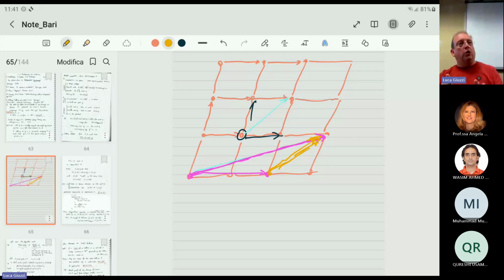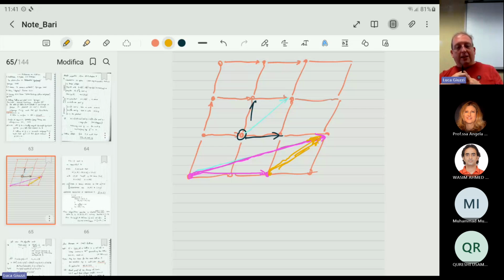Here we are working in dimension 2. For cryptography, you work in dimension 1000 or 2000 or something like that. So it's not that you have just an immediate algorithm to solve the problem.